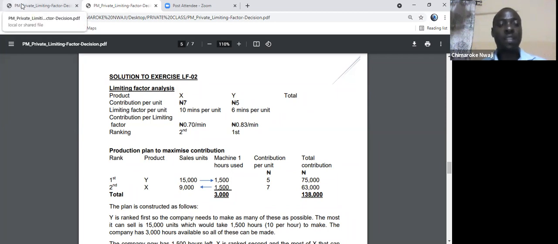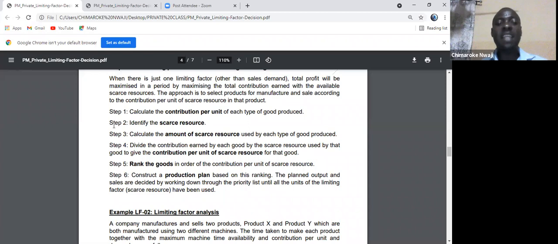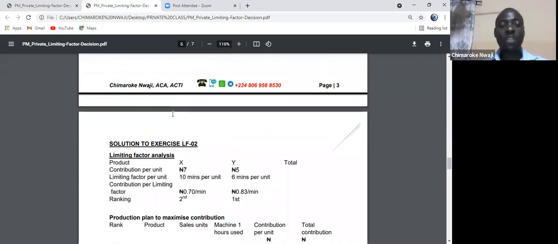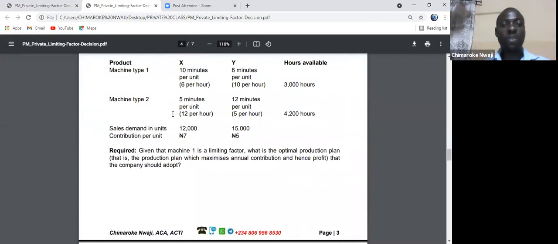Second one, identify the scarce resource. It was identified for us, machine type 1. So step 1 and step 2 are bonuses. Step 3, calculate the amount of scarce resource used by each type of goods produced. We don't need to even calculate it. We were told. Step 3 was a bonus.